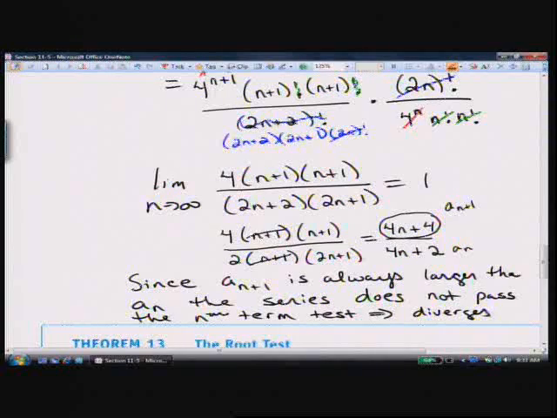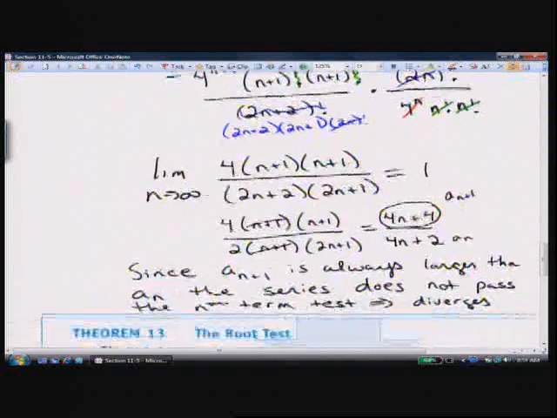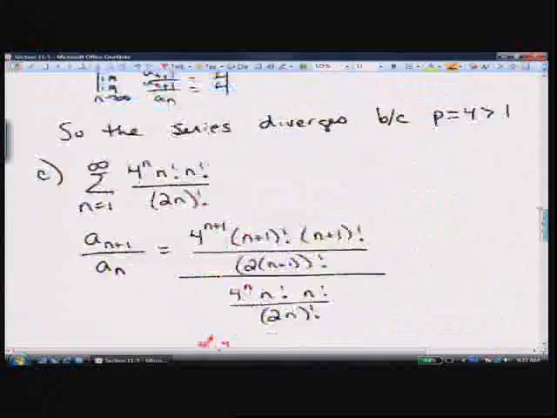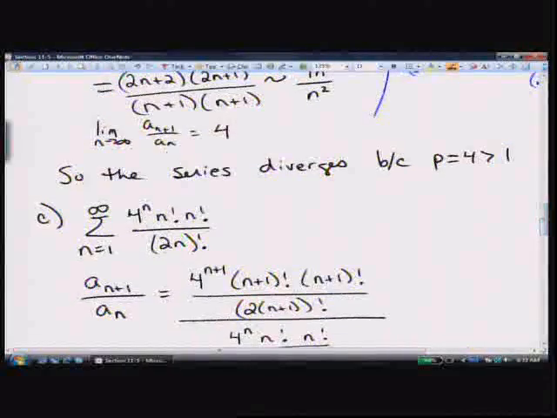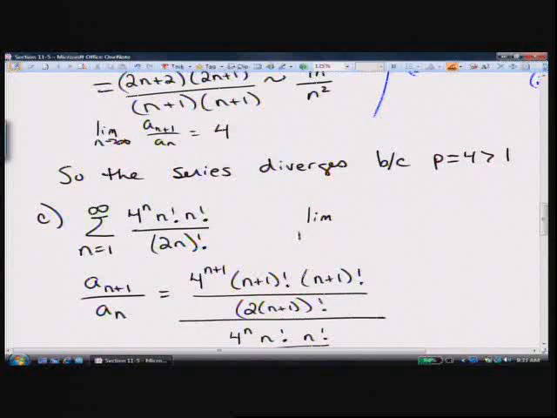But I'm not really sure that you would have been able to look, if you just looked at the nth term test, if you just considered this limit right here from the beginning, we don't really have a strategy to consider that limit. You kind of had to do some work before you could make that argument.